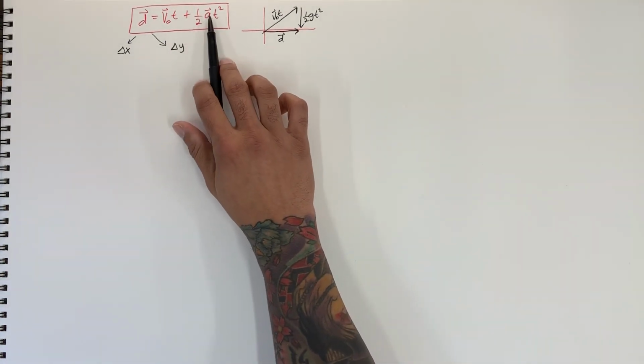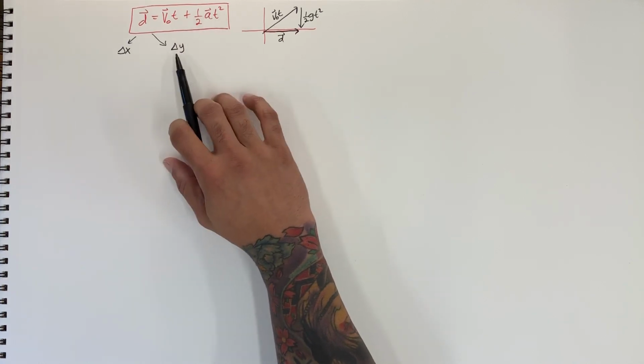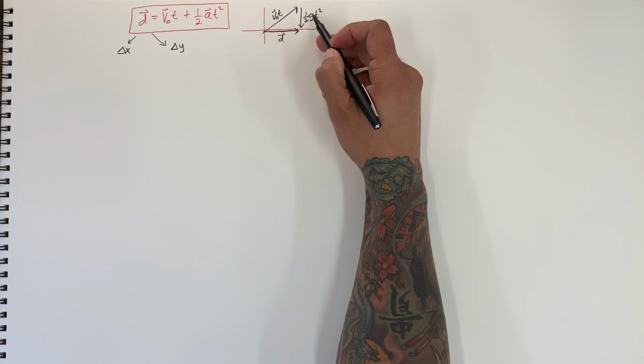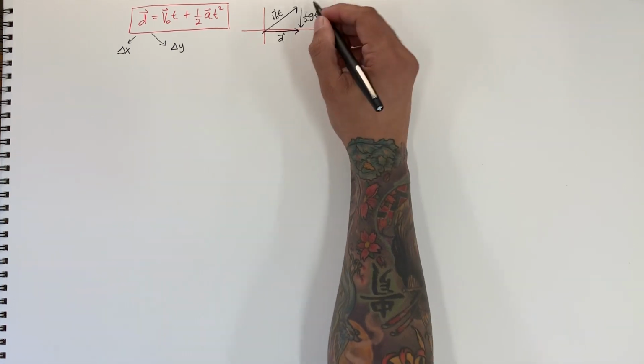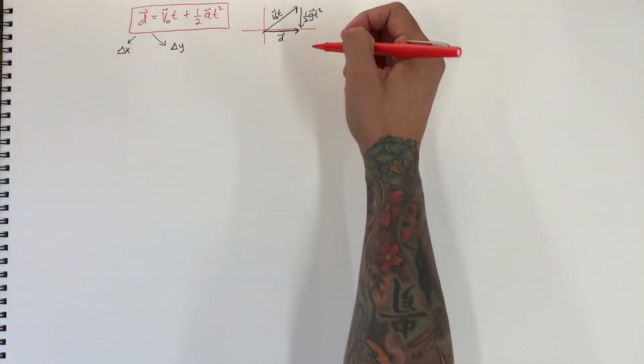But the acceleration in the x is always going to be 0, and the acceleration in the y is always going to be g. So when we do the triangle like this is always going to be g. Okay, so just write the vector because it's going downward.